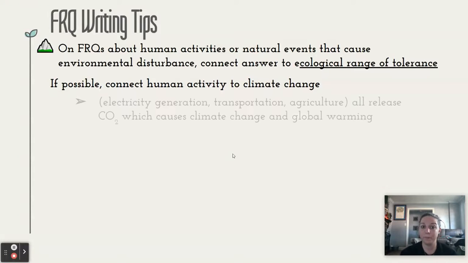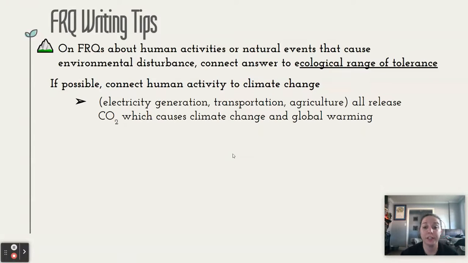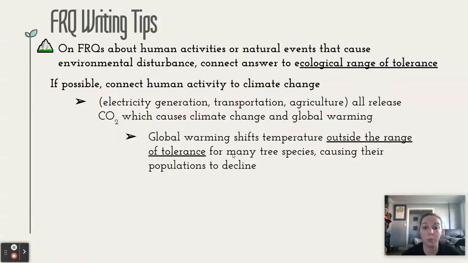So, for example, electricity generation, transportation, agriculture, these are all going to release carbon dioxide, which then causes climate change and global warming. So, for example, you could say something like global warming shifts temperature outside the range of tolerance for many tree species, causing their populations to decline.